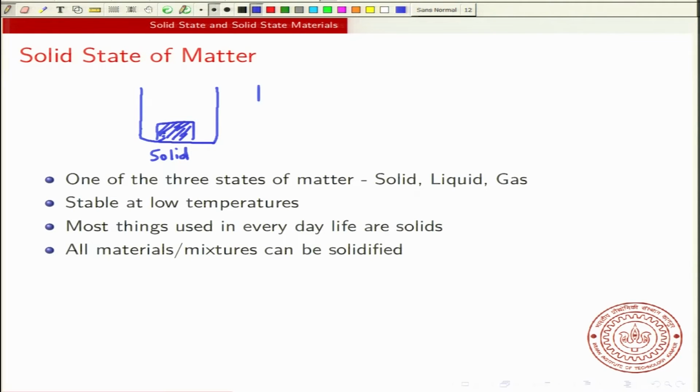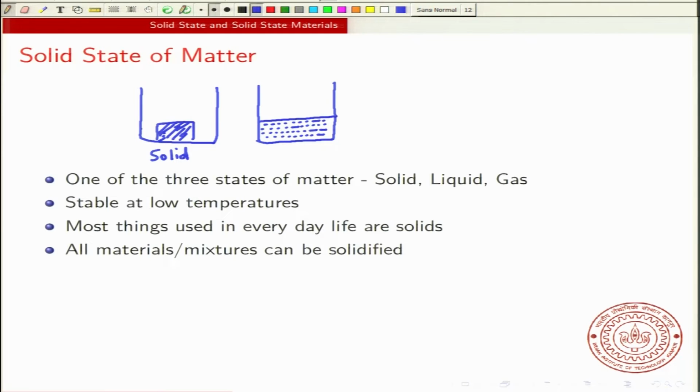A liquid, on the other hand, you expect it to take the shape of the container and it will occupy some region. I will just show it in this way, that this is a region occupied by the liquid, and so the liquid has a lot of particles that are fairly close to each other, but not as close as in a solid.